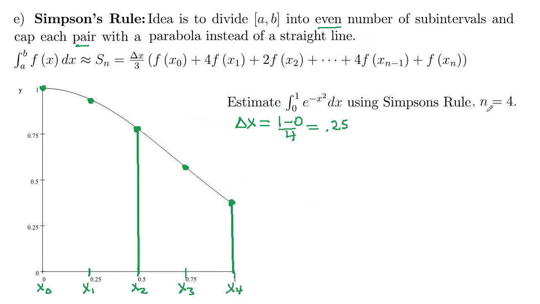So we want to do Simpson with n equal 4. S is for Simpson, n is the number of subintervals. So we'd start with delta x over 3. Our integral from 0 to 1 of e to the negative x squared dx can be approximated by Simpson's rule with 4 subintervals. And this will be our delta x divided by 3, so 0.25 over 3.